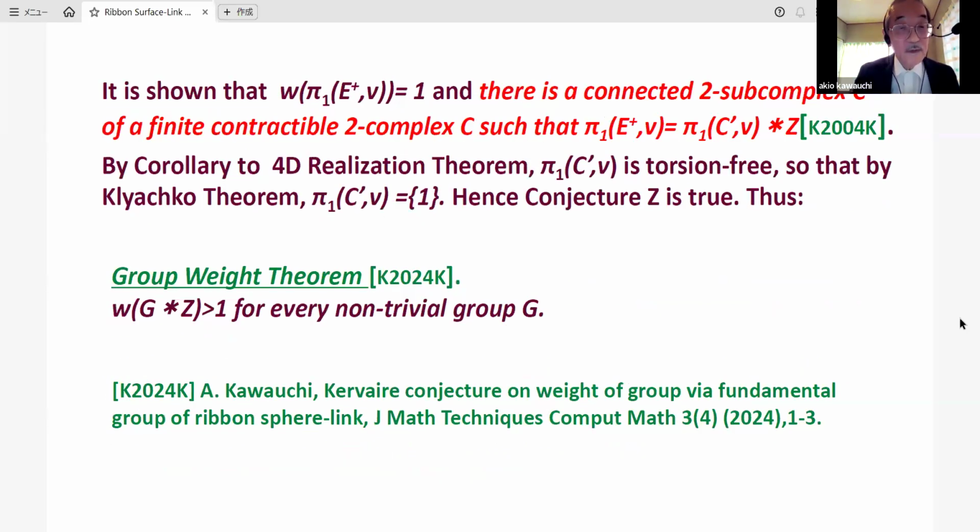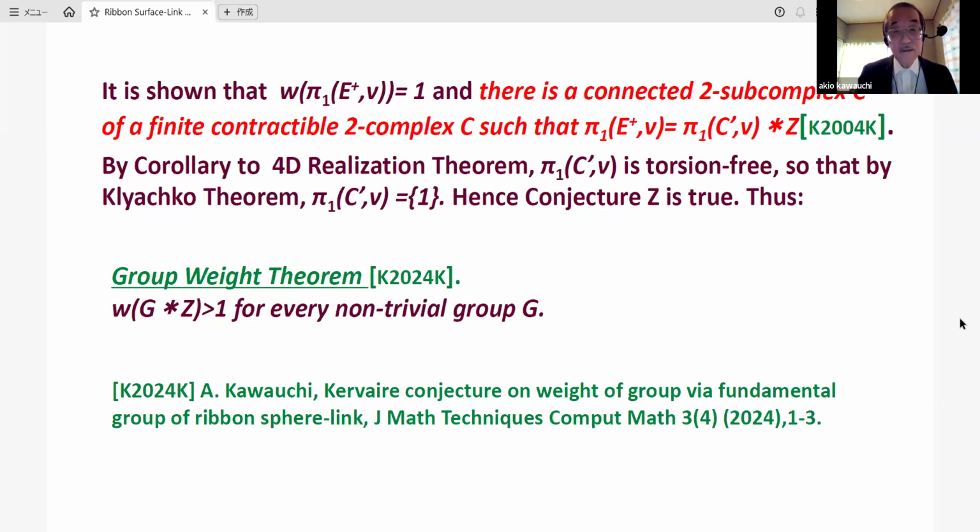It is shown that the weight of the fundamental group of E+ is 1, and there is a connected subcomplex C' of a finite contractible 2-complex C, such that the fundamental group of E+ is the free product of the fundamental group of C' and Z. By a corollary to the 4D realization theorem, the fundamental group of C' is torsion-free, so that by the classical theorem, the fundamental group of C' is trivial.